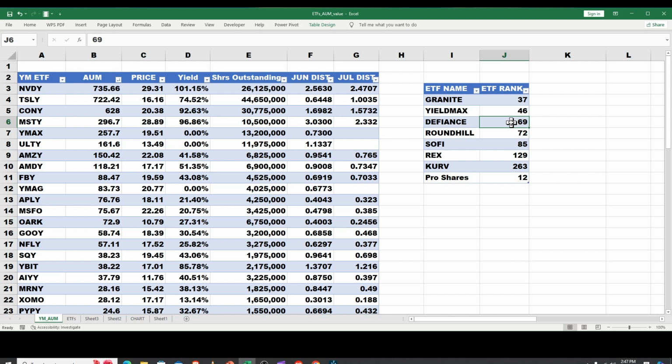So Jay and Sega are helping Defiance with a few of their funds. And then Roundhill can be popular with some of its ODTE, right? The daily expiration type where they pay out on a weekly basis. I know some people are into SoFi. Rex has some offerings. Curve is interesting.